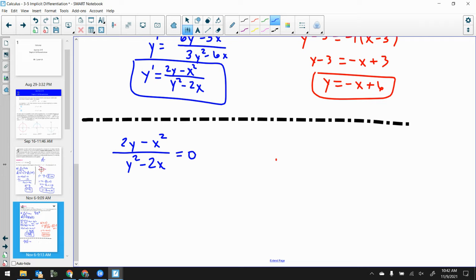I want to know when that's going to equal 0. Well, think of this like a rational function. How do you know when a rational function is going to equal 0? It's when the numerator equals 0, right? 2y minus x squared is going to equal 0. That's when it's going to happen.